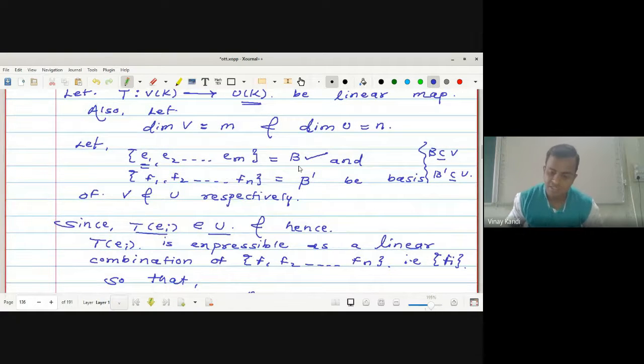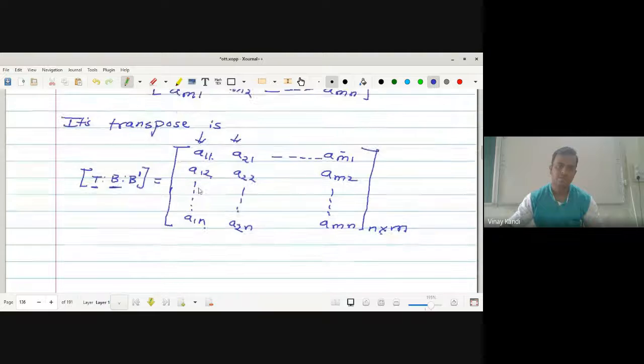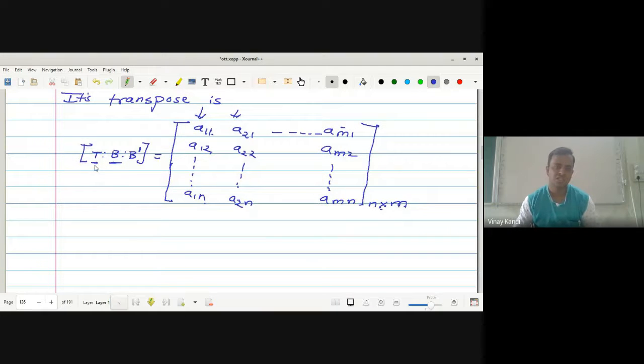B is the basis for V, and B dash is the basis for U. Hence, we get the matrix of linear transformation T with respect to B and B dash is the transpose of the coefficient matrix, which has order n cross m. So this is the matrix of a linear transformation.